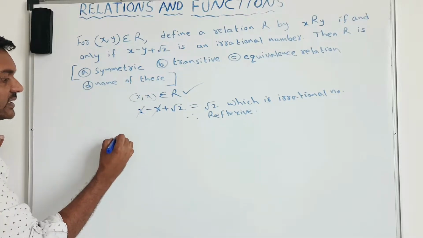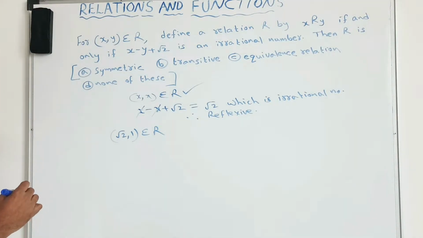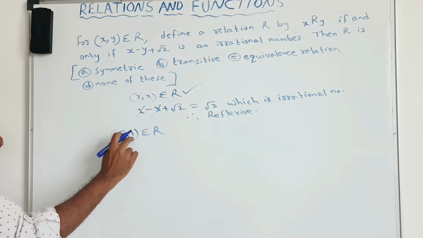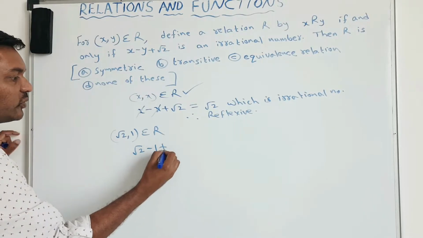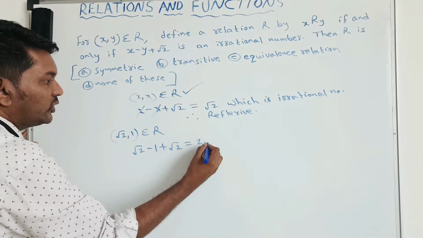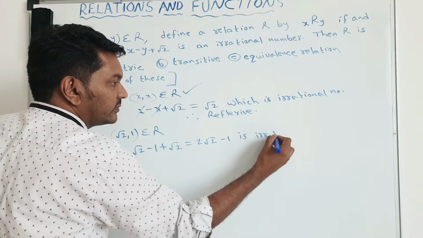I am taking an example. Root 2 comma 1 is an element of R. When I substitute x as root 2 and y as 1, I will get root 2 minus 1 plus root 2, which equals 2 root 2 minus 1, an irrational number.